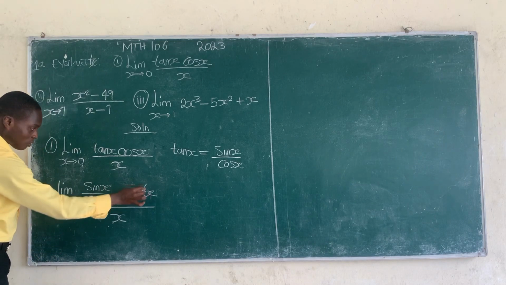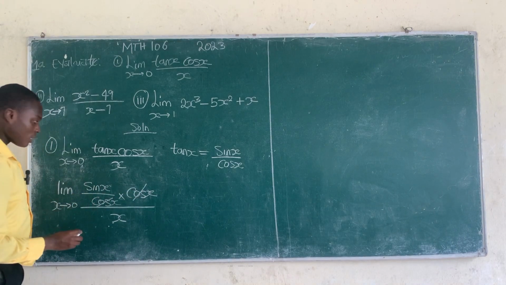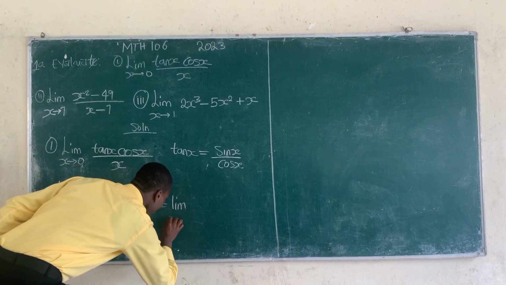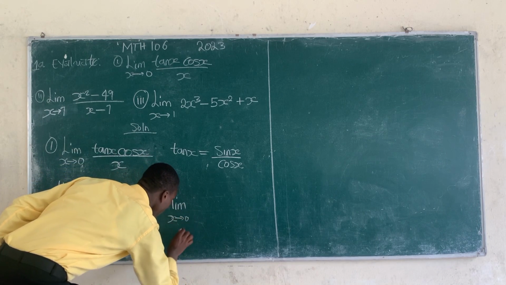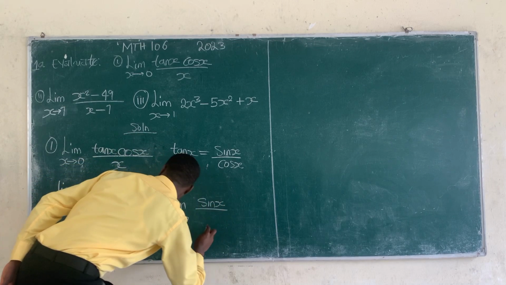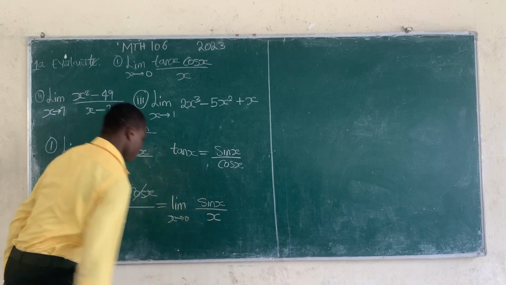If you observe, cos x cancels out cos x. So what we are going to have here is the limit as x approaches 0 of sine x over x.